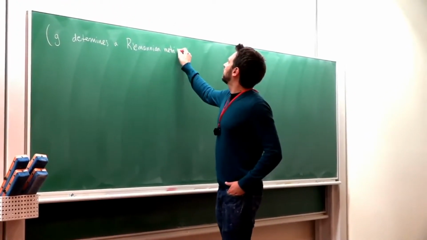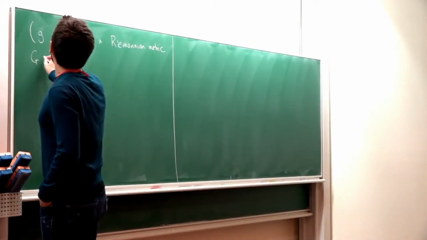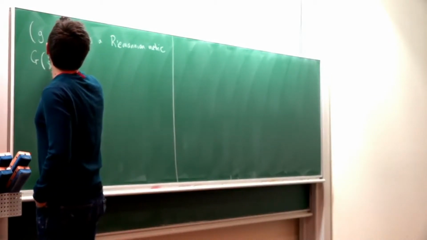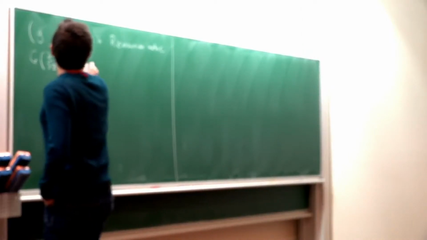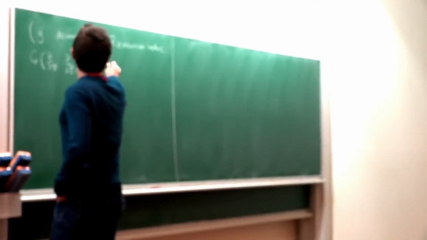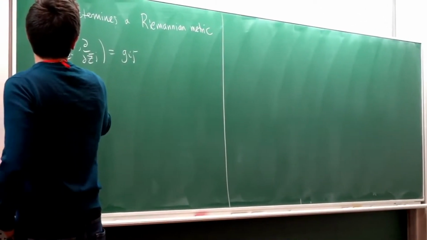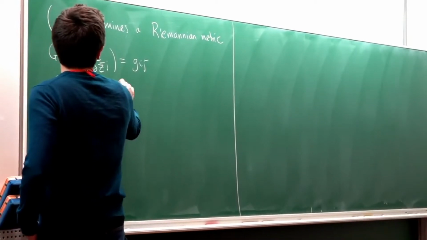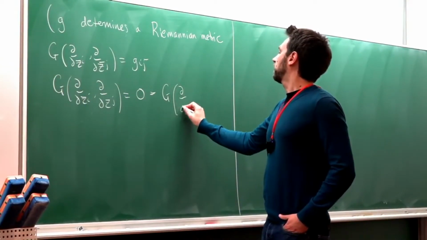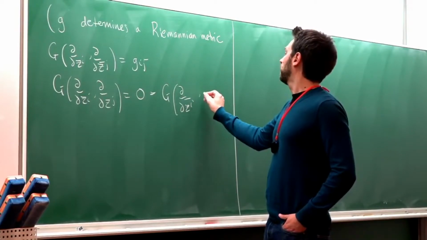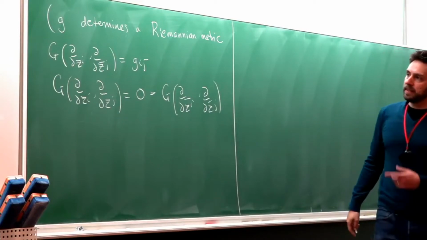And the way to see that would be that you could define G of ∂/∂z_i, ∂/∂z̄_j to be G_ij̄, and define capital G of ∂/∂z_i, ∂/∂z_j to be 0, and similarly for the conjugates.